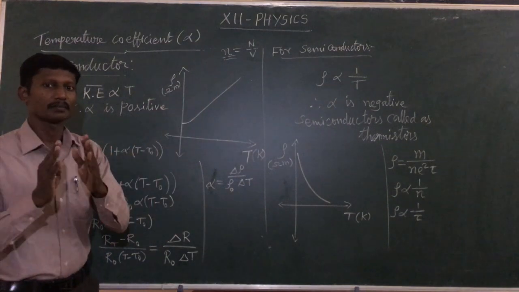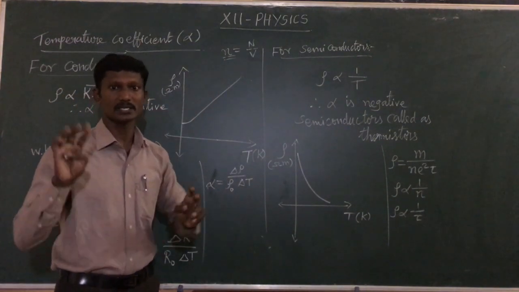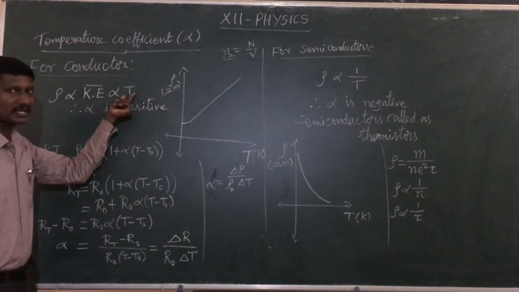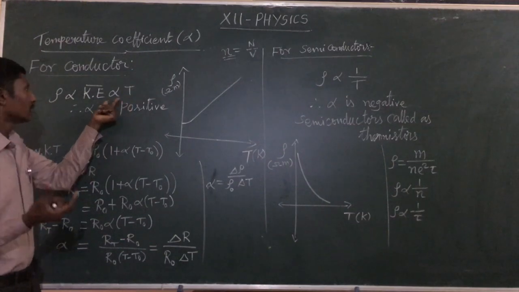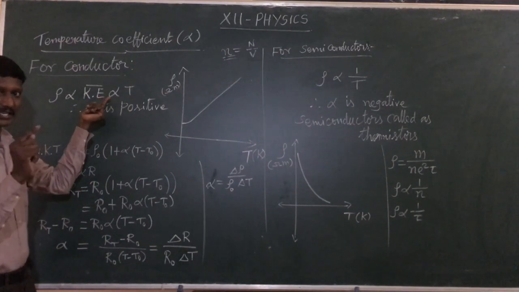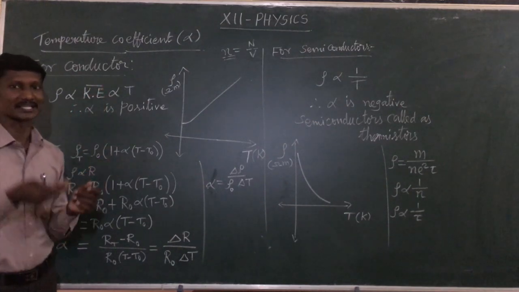So in a conductor we have n free electrons in 1 meter cube. Temperature increases means the free electrons' average kinetic energy also increases.